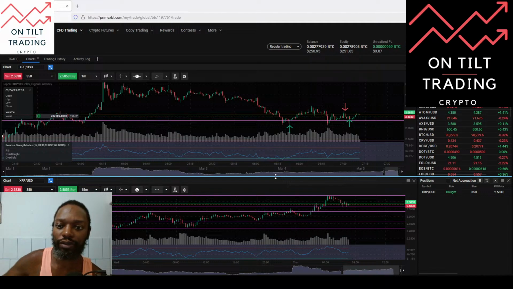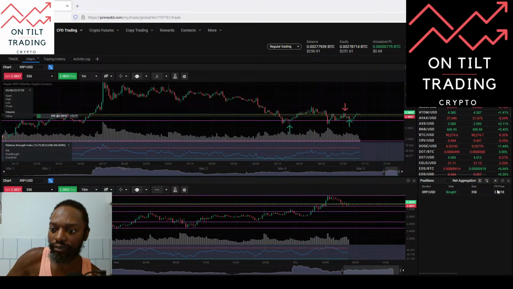But based on the price action right here, obviously I don't have as good of a price as I did right here, since now I'm up here. But my stop is now right here instead of down here, and my entry being here.